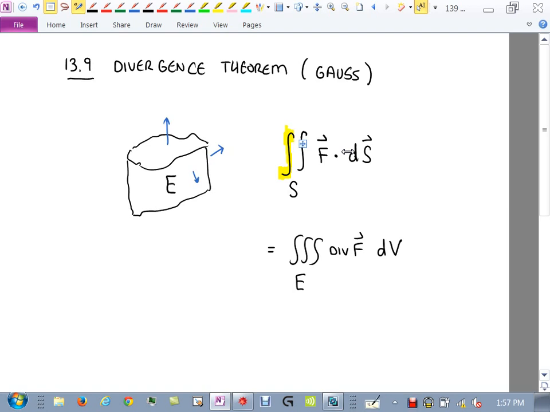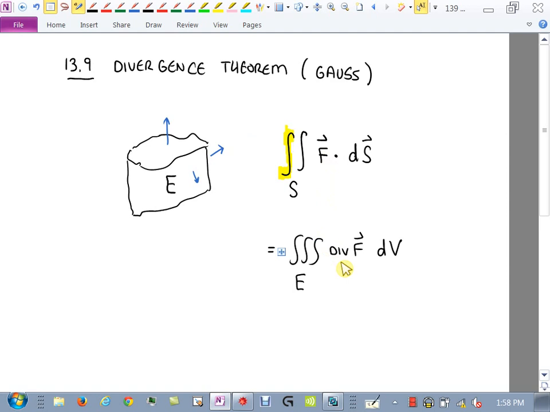If we want to do flux, which we spent most of last class doing, if we want to figure out the flux over a surface, now not everything we've done flux on encloses a solid, but if it does, then we can convert that surface integral into a triple integral over the region, the solid that it encloses. But instead of doing the vector field F, we do its div.